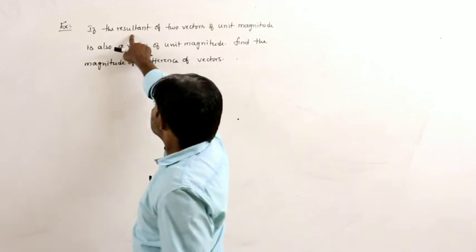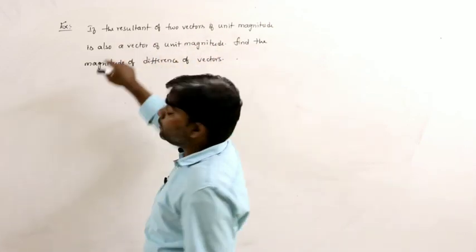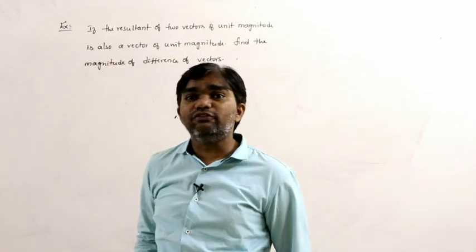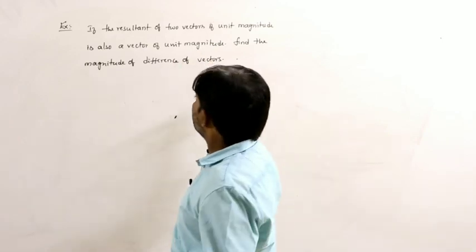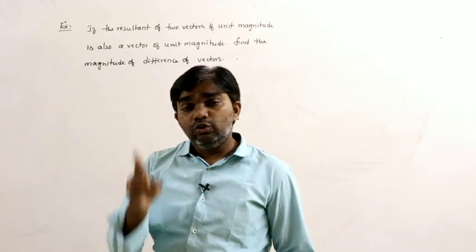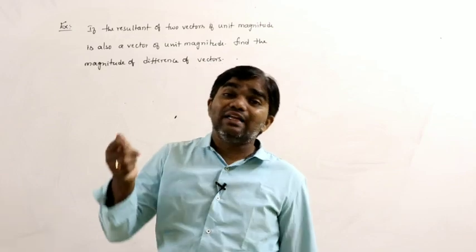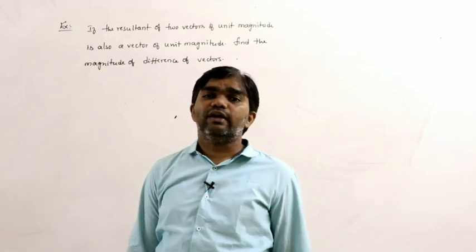See here, the resultant of two vectors of unit magnitude is also a vector of unit magnitude. That means two vectors are unit vectors and the resultant is also a unit vector.